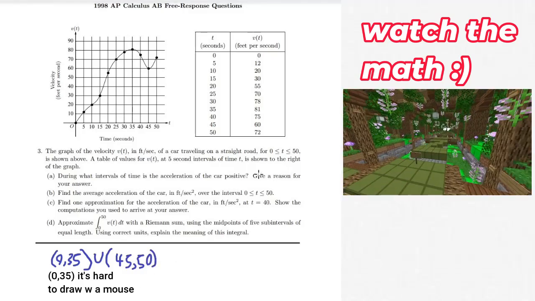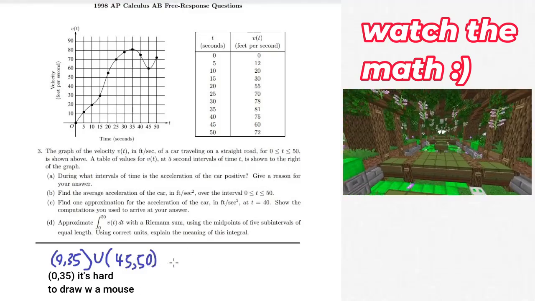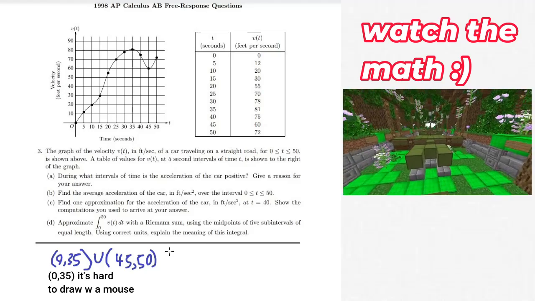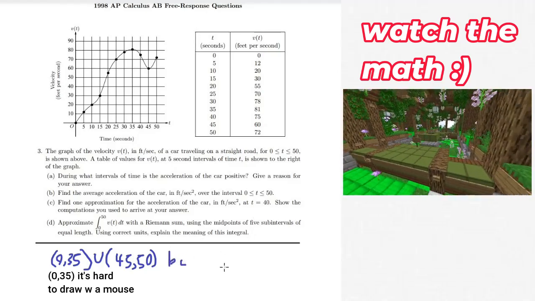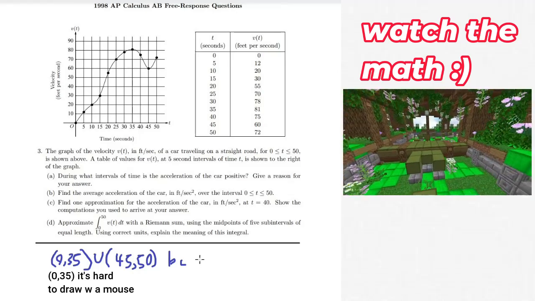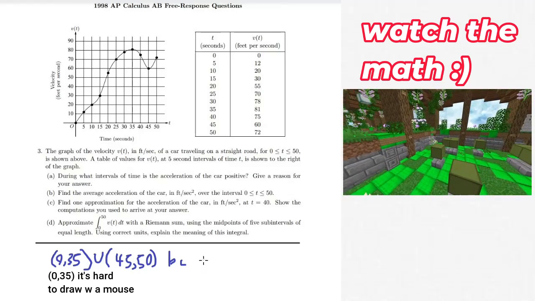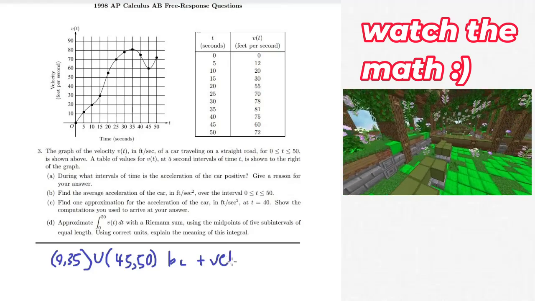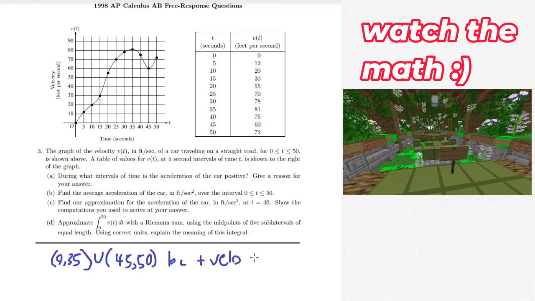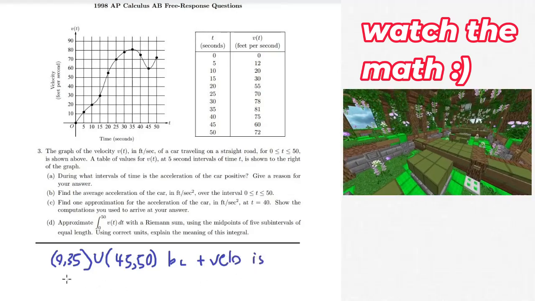Though we should also include that it is because, I'm just going to write this in shorthand, because positive velocity is increasing.